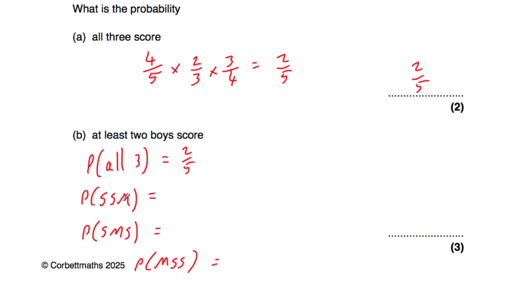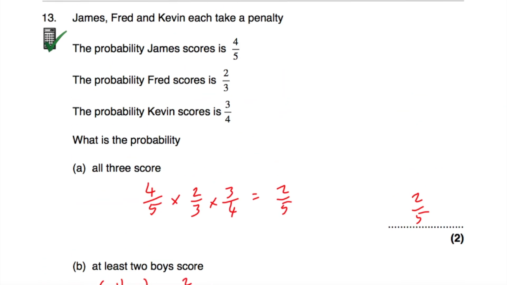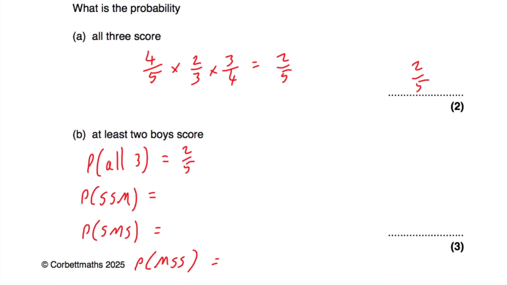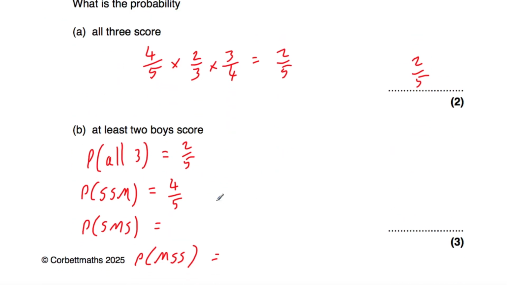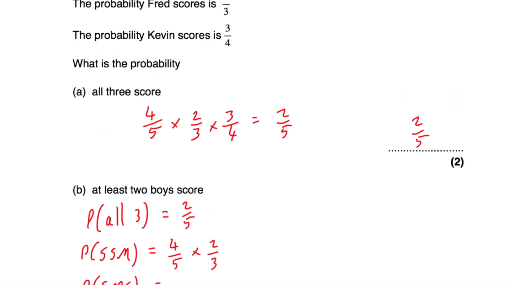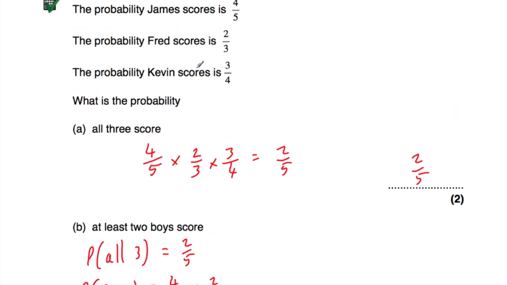So score, score, miss: the probability of James scoring is 4/5, times the probability of Fred scoring, 2/3. And then the probability of a miss. The probability that Kevin scores is 3/4, so the probability that Kevin misses would be 1/4, because 1 take away 3/4 is 1/4.